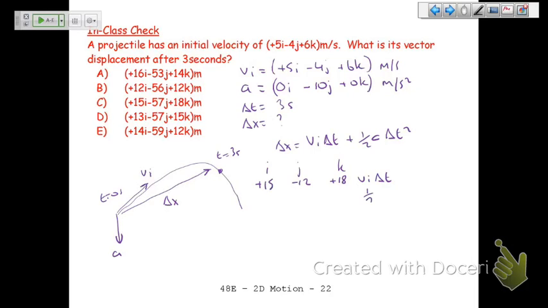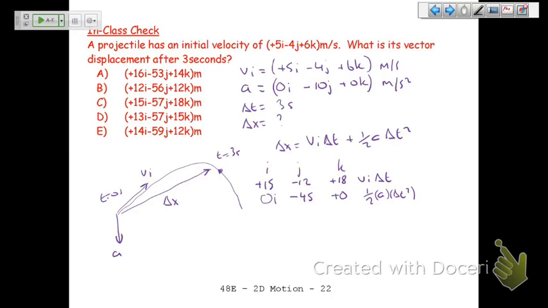And then I have a half times a times delta t squared. Trust me, of course, I use 3 seconds, so 3 times 3 is 9, and a half of 9 is 4.5. But still, 4.5 times 0 is 0i, and minus 45j plus 0.